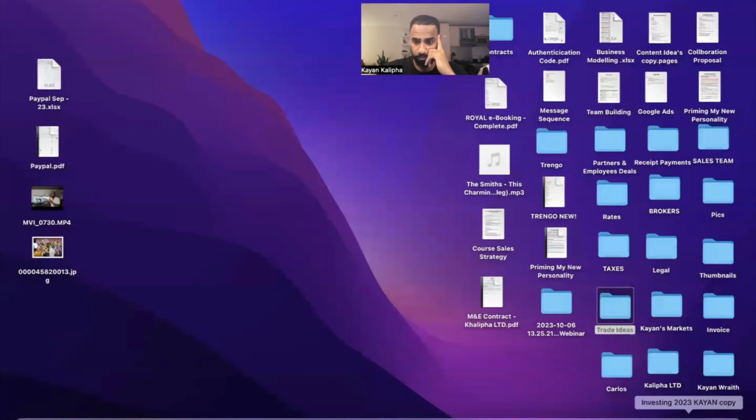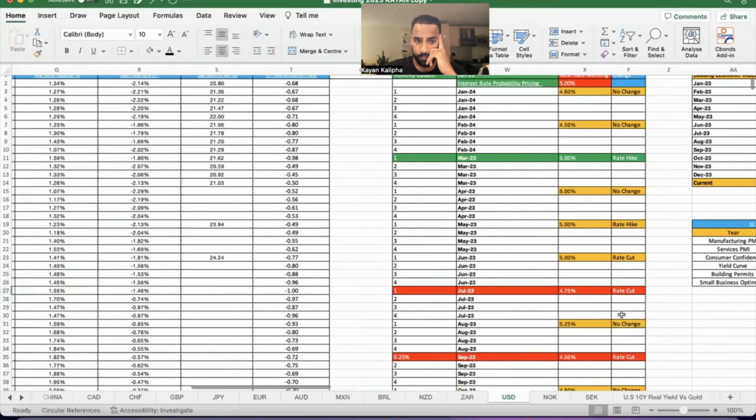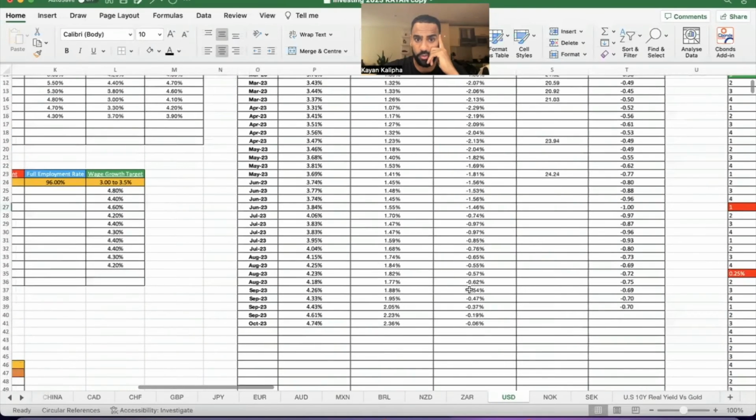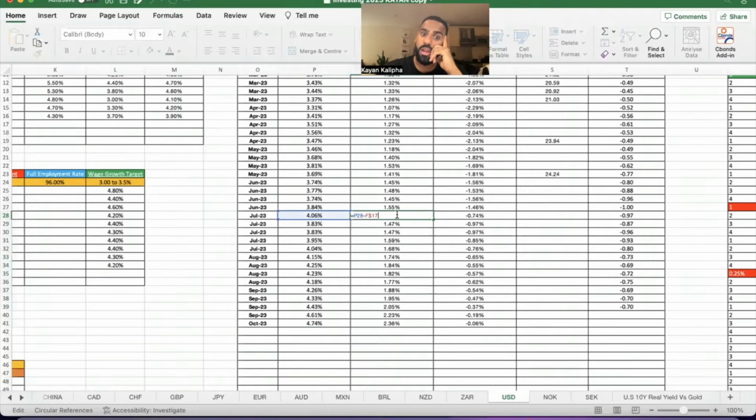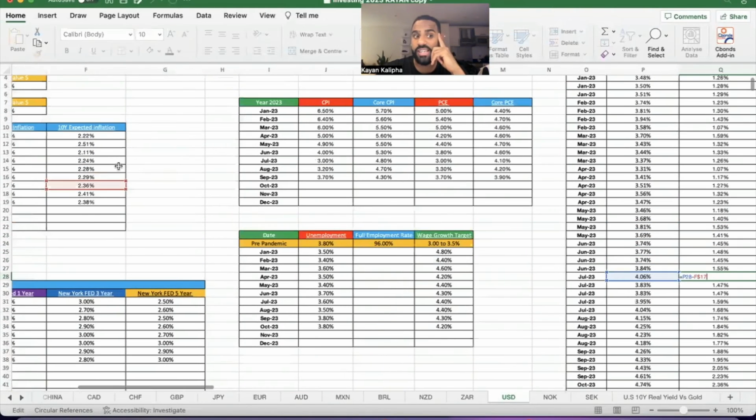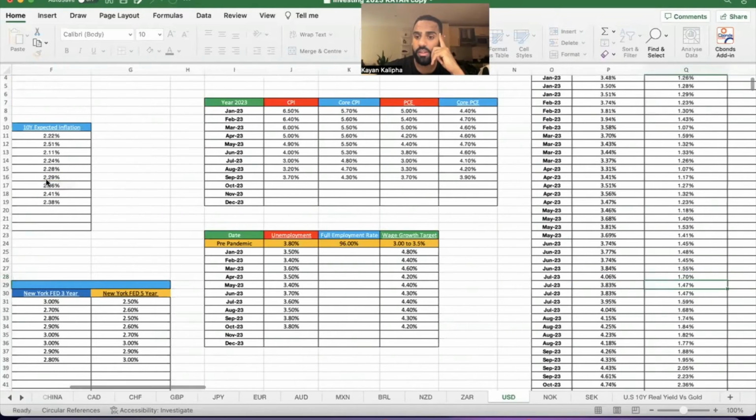So, look, notice as the interest rate has been going up in the US on the 10-year government bond, and then you take that interest rate and you subtract where inflation is expected to be. We're looking at inflation expectations.